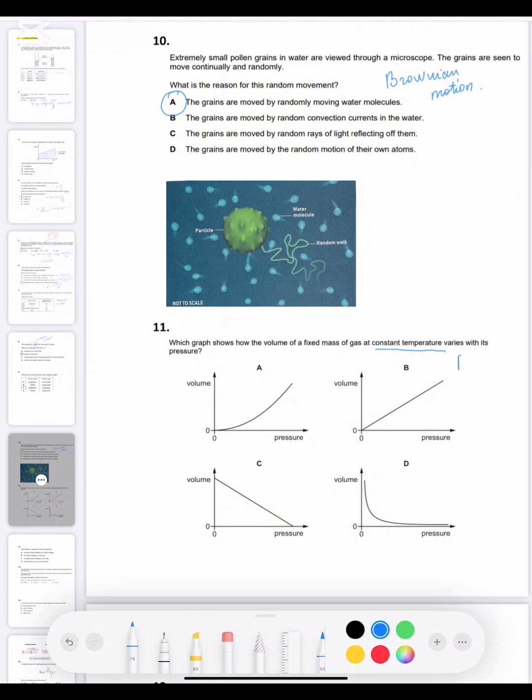Boyle's law states that pressure and volume are inversely proportional at constant temperature. So, the graph would be a hyperbolic curve that decreases as the pressure increases. Volume decreases as pressure increases. So the answer is D.